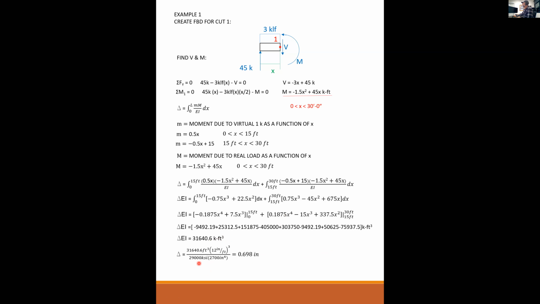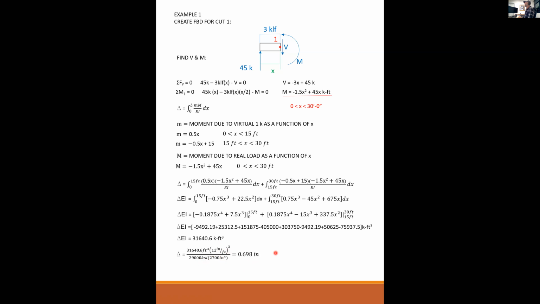And then I divide by IE and all the units drop out. But be very careful about your units because this is feet to the third, and this is inches squared and this is inches to the fourth. So this is a real easy way to get your answer off by a factor of 1728, 12 to the third. And the final answer is 0.698 inches.